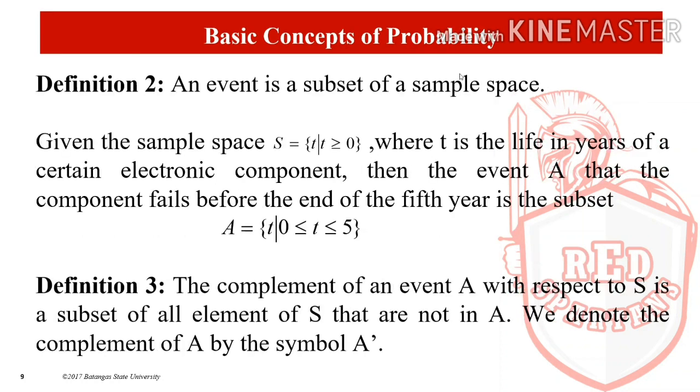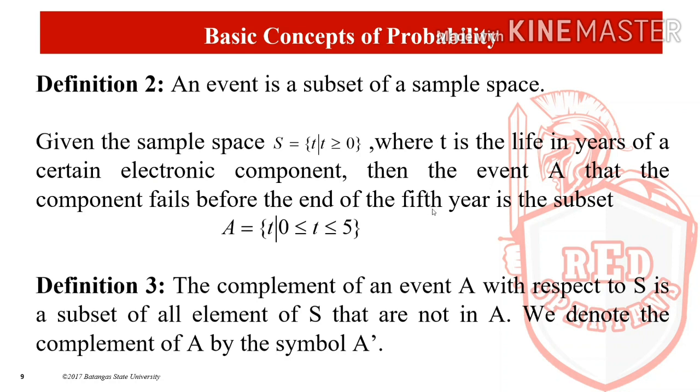Definition 2: an event is a subset of a sample space. So an event comes from the sample space. The variables we usually use for events are event A, event B, and event C. Given the sample space S is equal to T such that T is greater than or equal to 0, where T is the life in years of a certain electronic component, then the event A that the component fails before the end of the 5th year is the subset.